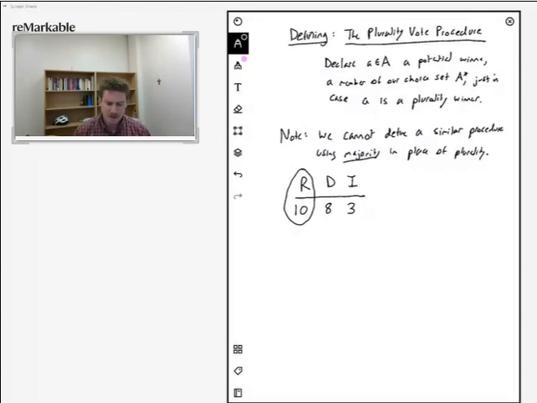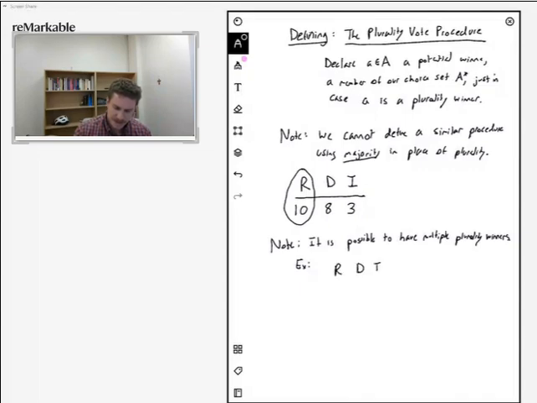We should note, too, that it is also possible to have multiple plurality vote winners. So, for example, we could tweak this Republican, Democrat, Independent case, and we could suppose there's 10 voters behind the Republican, 10 behind the Democrat, and only 1 behind the Independent.